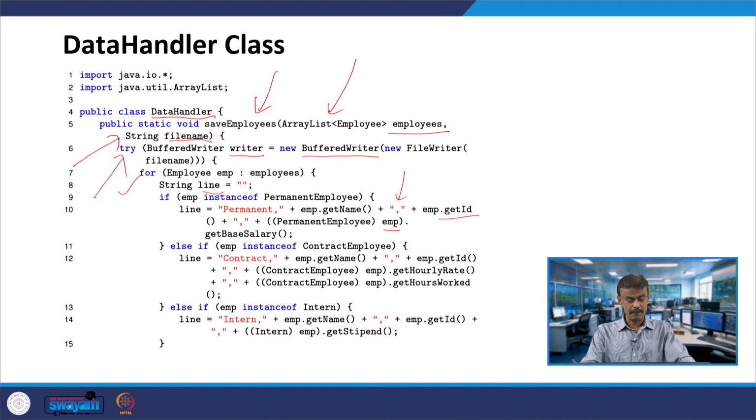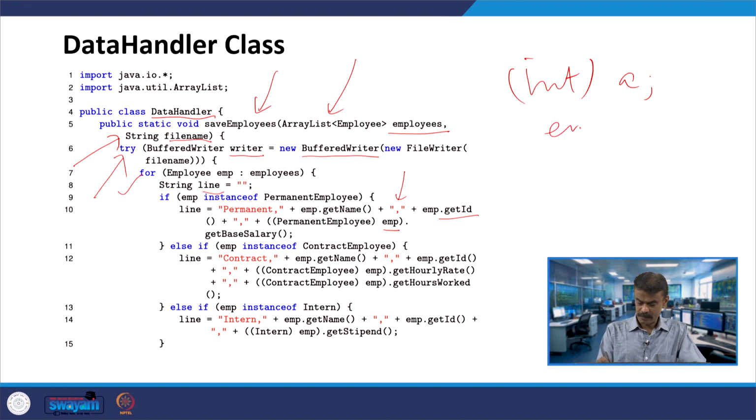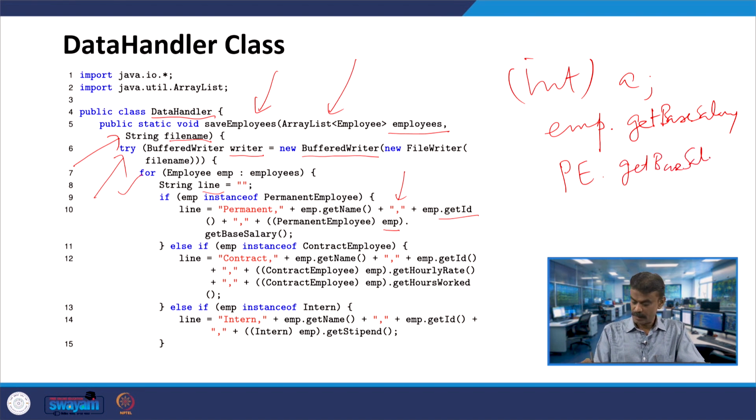EMP will now take the role of permanent employee. It is like typecasting, like when you put int of a. So now EMP, like a permanent employee, is invoking get base salary. It is equivalent to PE dot get base salary. Whatever the basic salary is, that particular method will be invoked. Up to here we have done.